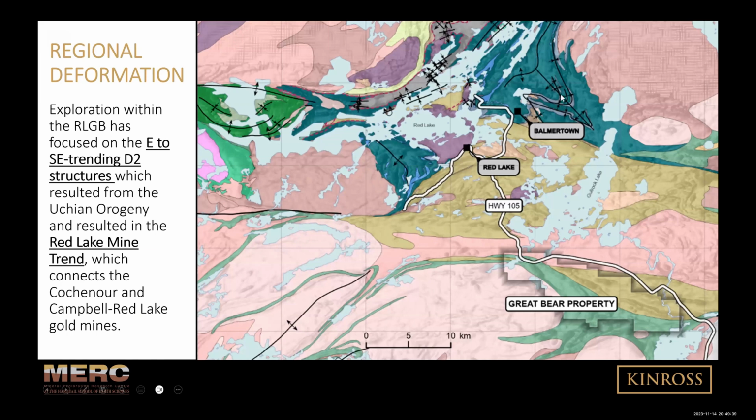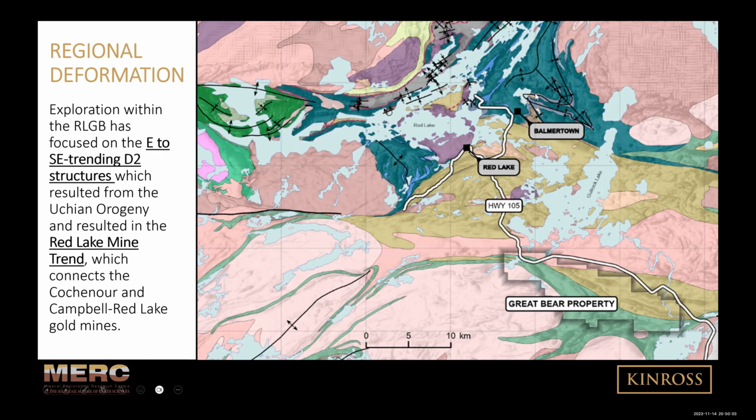In terms of regional deformation, we already had some discussion about this, but what we see specifically on the Great Bear property and within the Red Lake Greenstone belt is associated with these east-southeast D2 structures that are considered to be a result of the Uchian orogeny.